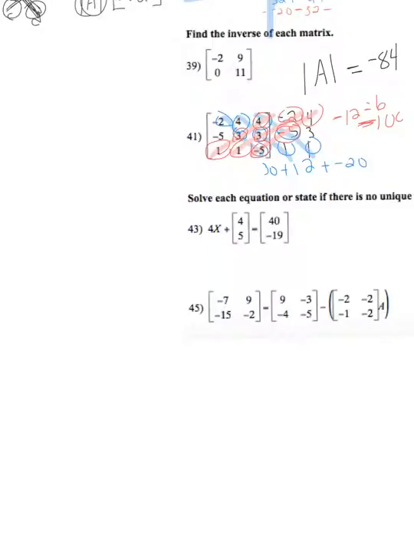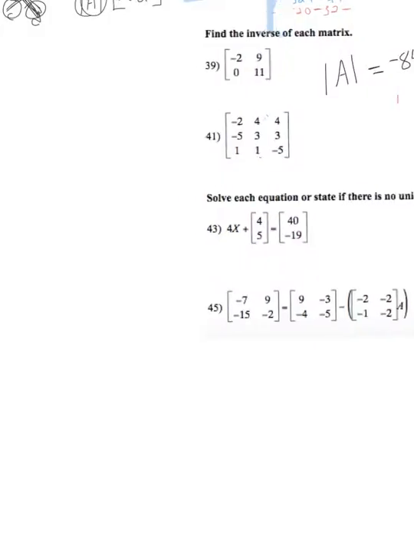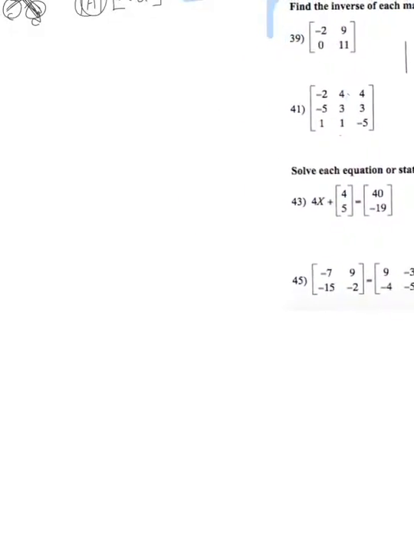Okay, that's the easy part. Now, we need the matrix of mini matrices. So let me get rid of all this again. All right, I'm going to slide this over. I'll remember the determinant is negative 84. I need some more room here.